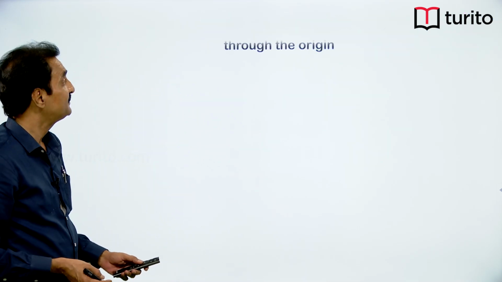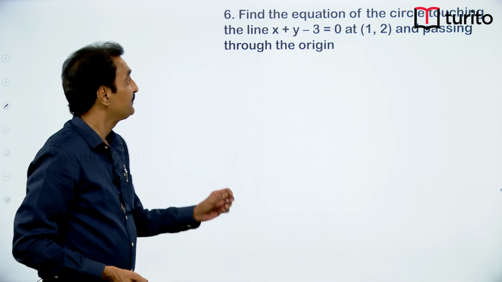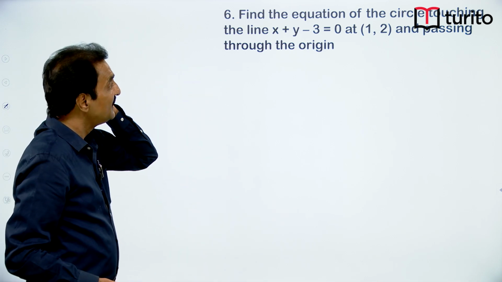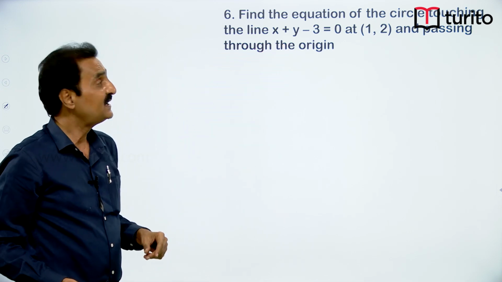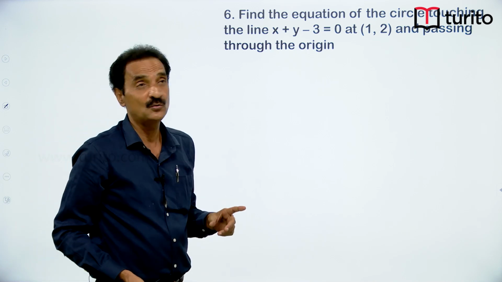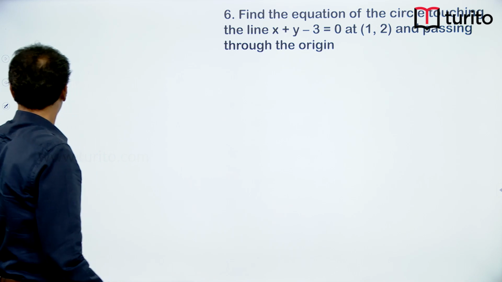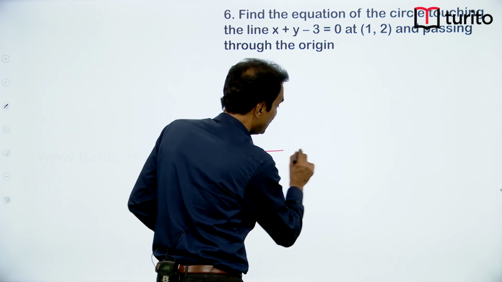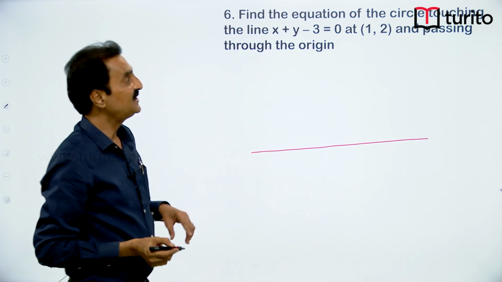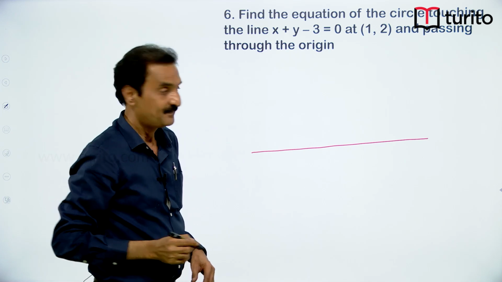Now next question. Find the equation of the circle touching the line x plus y minus 3 is equal to 0 at 1, 2 and passing through the origin. Let this be the line and 1, 2 is on this line.